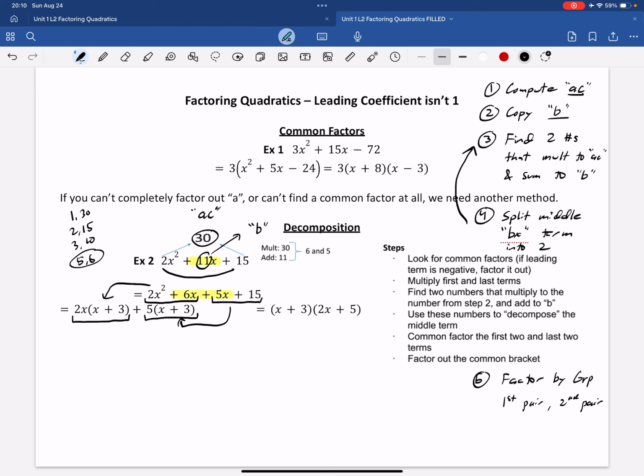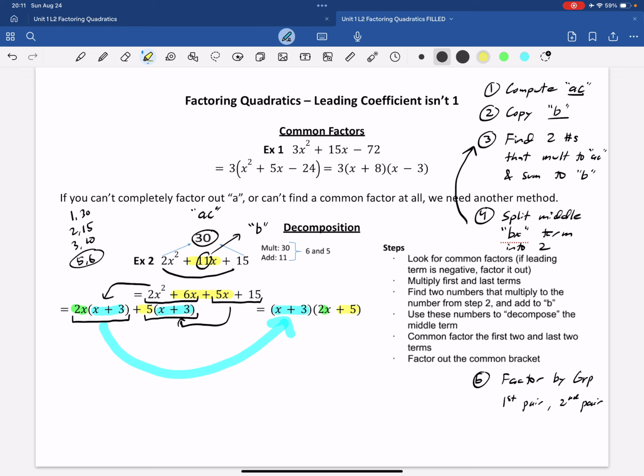The way that we know that our form is correct is that we have the same expression inside parentheses. Then that final expression comes out. And what's left over at the end? You have the 2x, which was the first component that we took the x plus 3 away from, and then we have the plus 5, which is here.